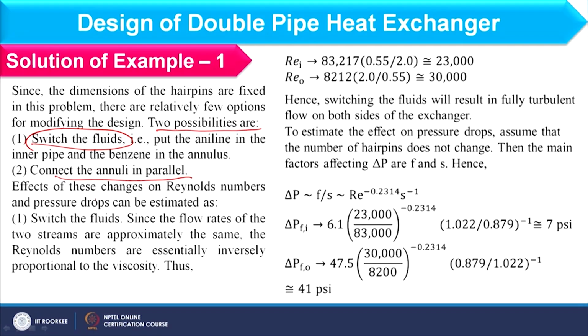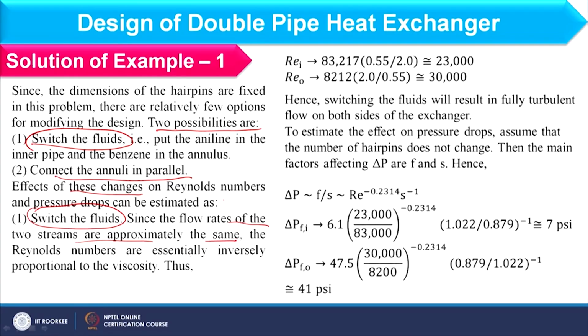Okay. So, the effect of these two possible changes on Reynolds number and pressure drop can be estimated as follows. First of all, if I am switching the fluid, what will happen? Since the flow rates of the two streams are approximately the same, because both are more or less 10,000, one is 10,000 and the second is 9697, something like that, both fluids are at the same flow.